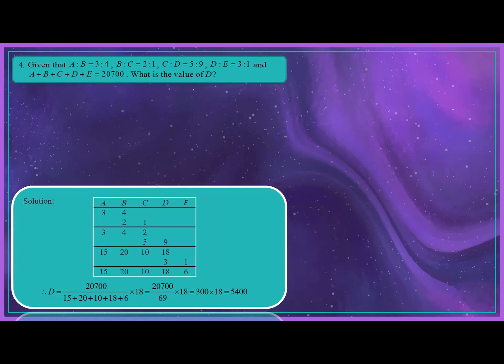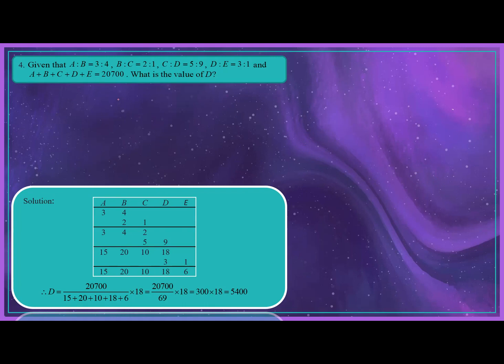Now, what is the value of D? Okay, so there are different ways to solve this, but here I want to show the most basically, this is like the elementary way of solving this kind of problem. So basically, you're making a table so that your solution will be clear.